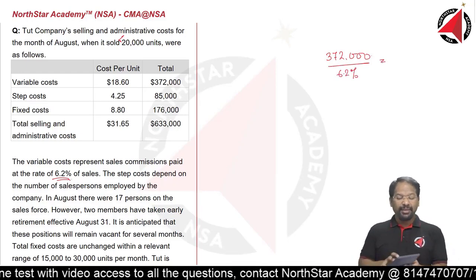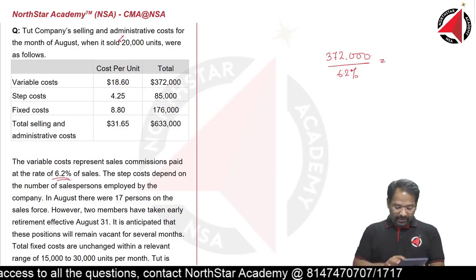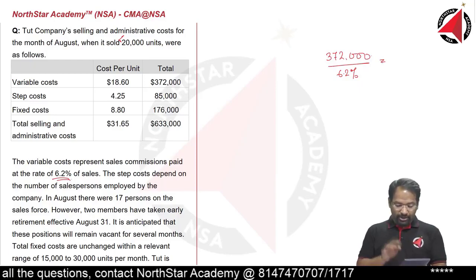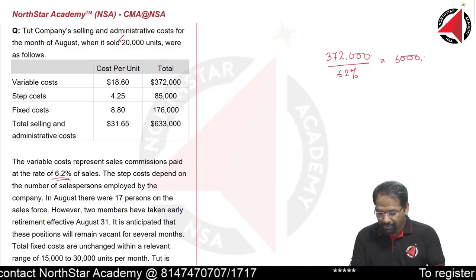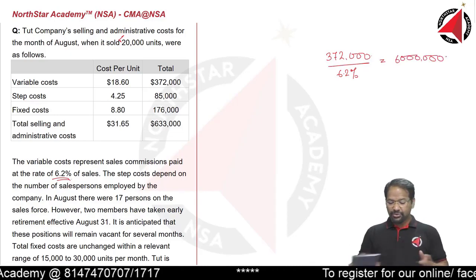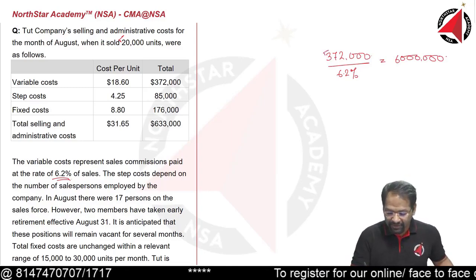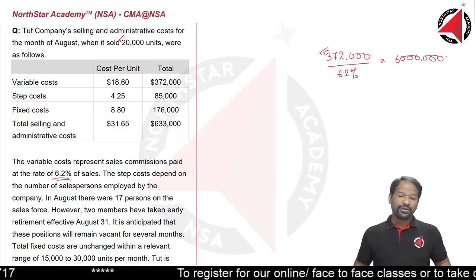We can divide it by 6.2% and we will get the sales number. 372,000 divided by 6.2%, the sales would have been 6 million. How? 6 million multiplied by 6.2% gives 372,000.